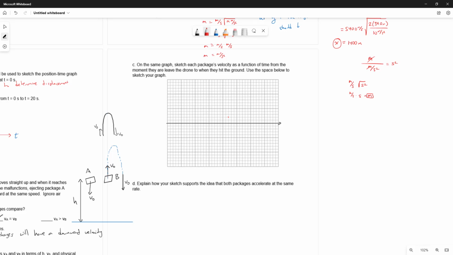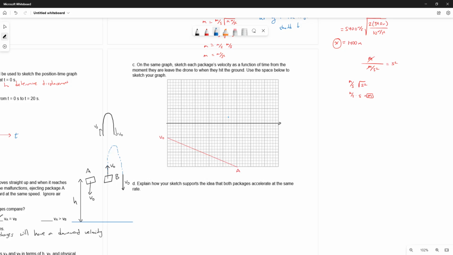For package A, it's being thrown downwards right away, so it has a negative velocity to start with, and then it's accelerated by gravity. That was the most crooked line I've ever drawn. So let's say it like this, right? I want to keep my slopes consistent here because it's important. So this is package A, and this is my initial velocity, v0.